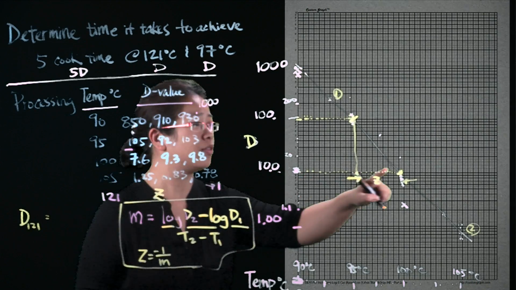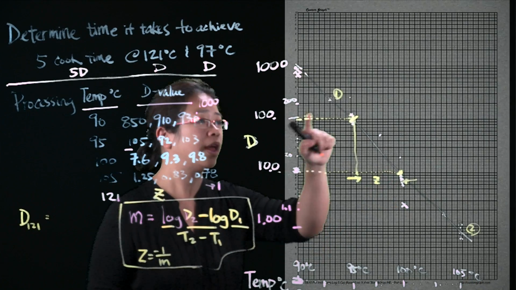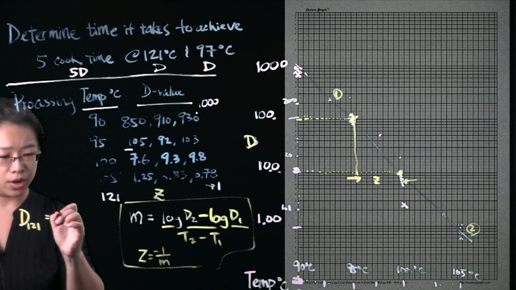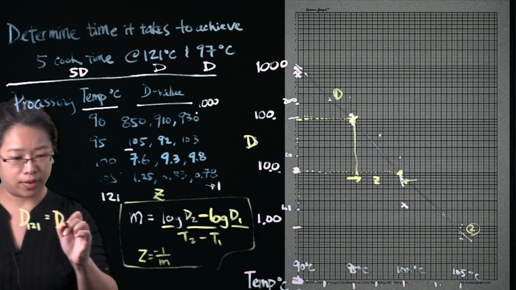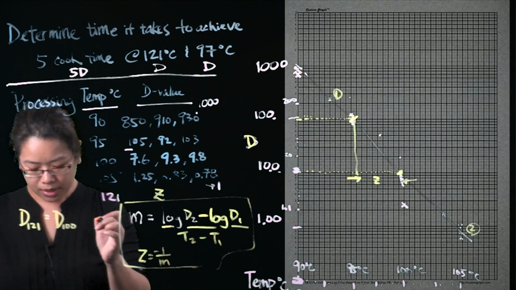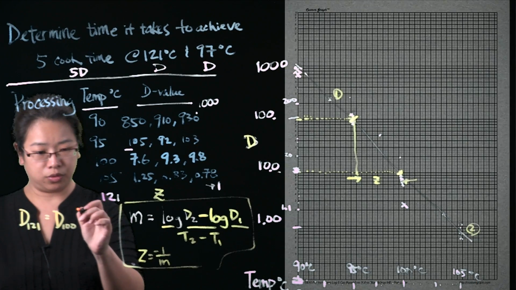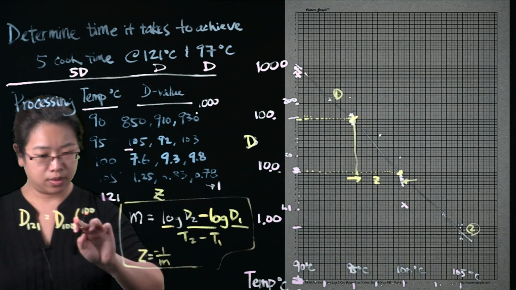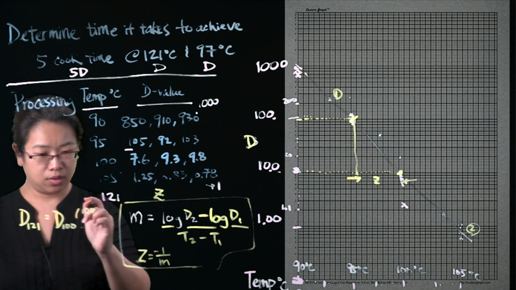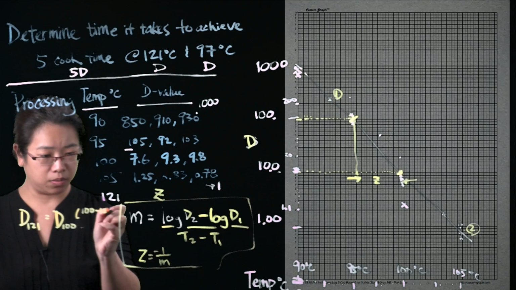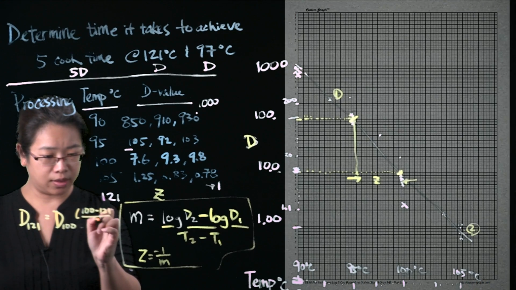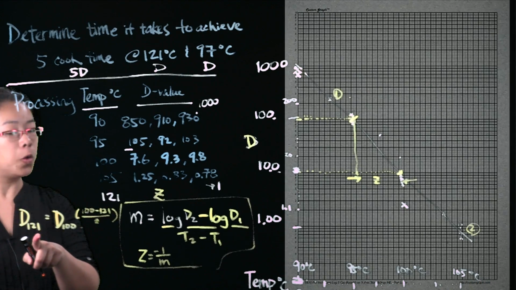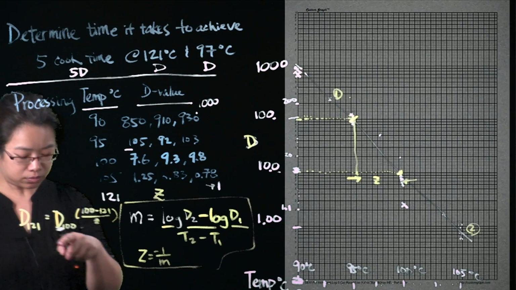Since we've already done the line at 100, we can pick a point at 100 and find the D value at 100. Then D at 121 equals D100 times 10 to the exponent of (100 minus 121) over Z.